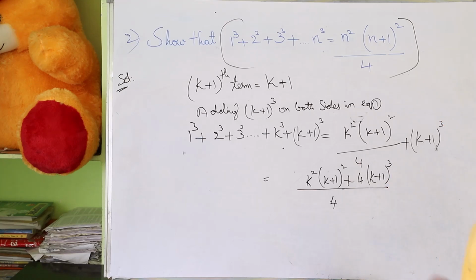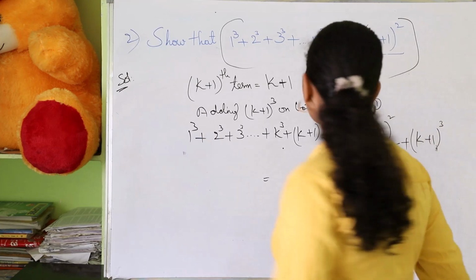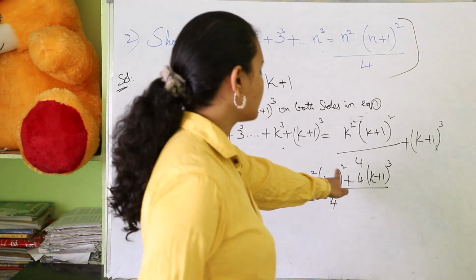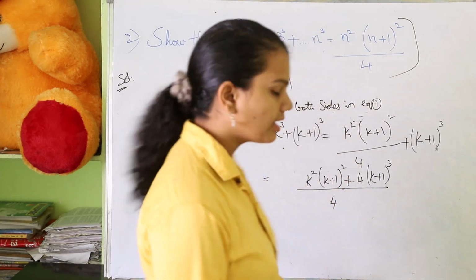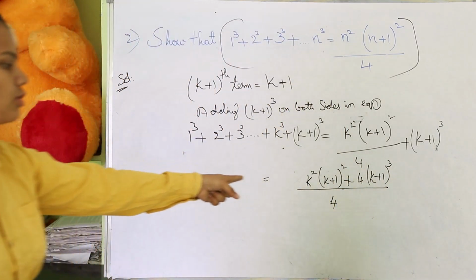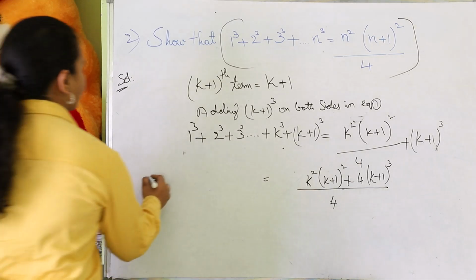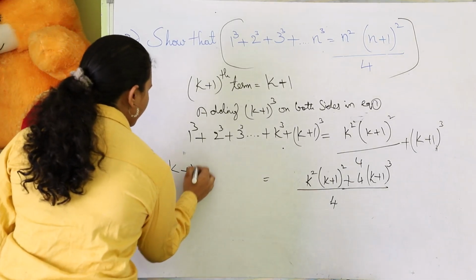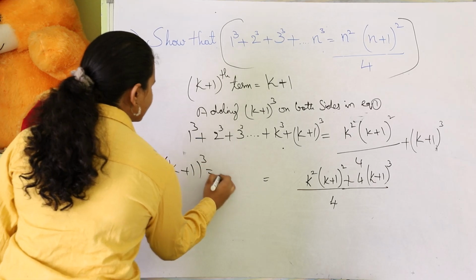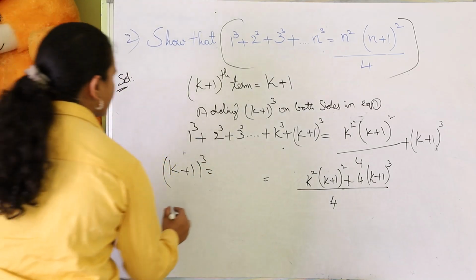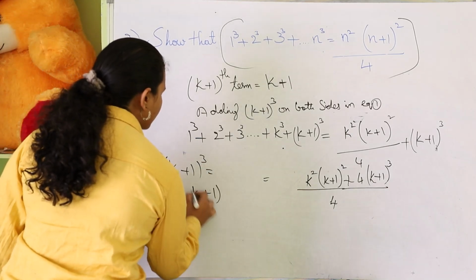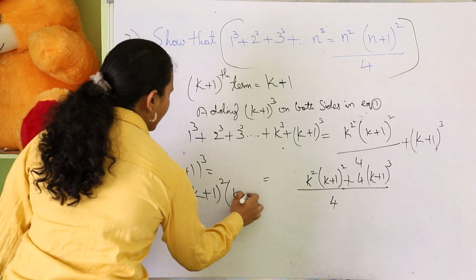Guys, here you see where k plus 1 whole cube I got, and here I got k plus 1 whole square. Don't consider the k square and k square plus 4, just look after this k plus 1 whole square, k plus 1 whole cube. Listen carefully: k plus 1 whole cube is equal to k plus 1 whole square into k plus 1, right?